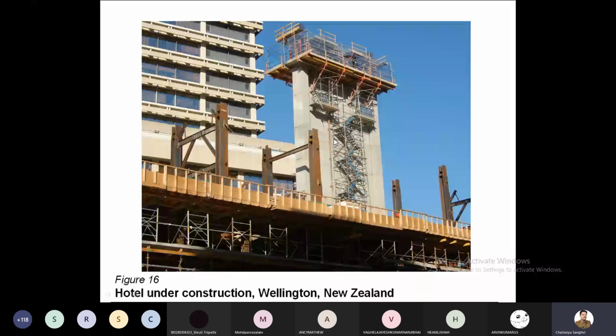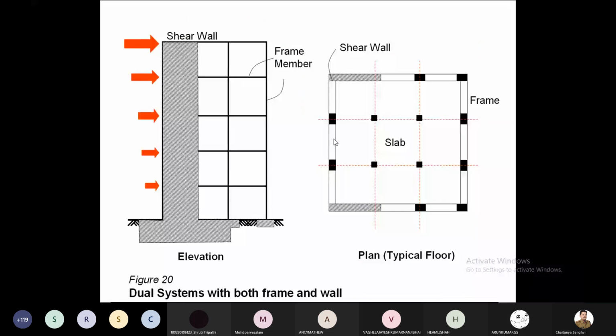Shear wall constructed, and then we talked about the dual system. Dual system means only a shear wall will not work. Generally, we are designing a moment resisting RC frame, which is quite flexible. Yesterday we discussed that the deformation is one of the main criteria.